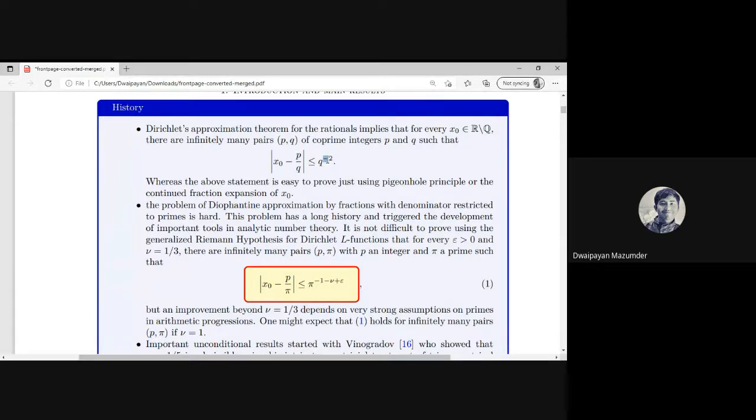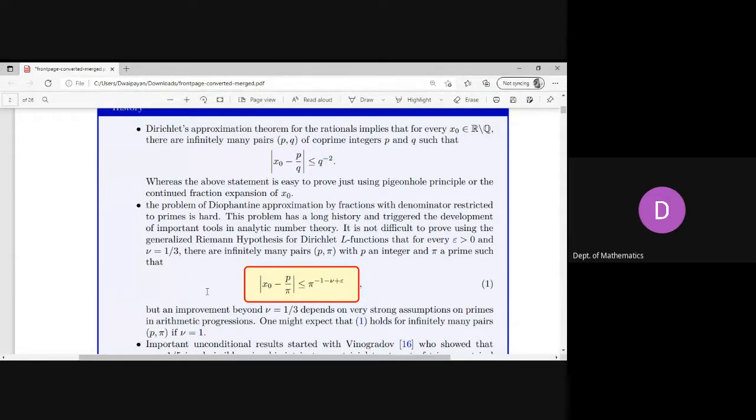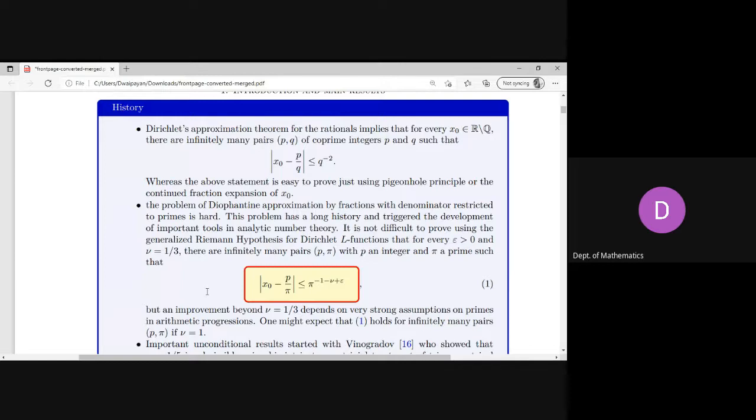The problem of Diophantine approximation by fractions with denominator restricted to primes is actually really hard. Sorry to interrupt you. What is the main motivation behind considering q to be prime? Is it just for the sake of considering prime numbers, or is there any deeper reason to require that q should be a prime?